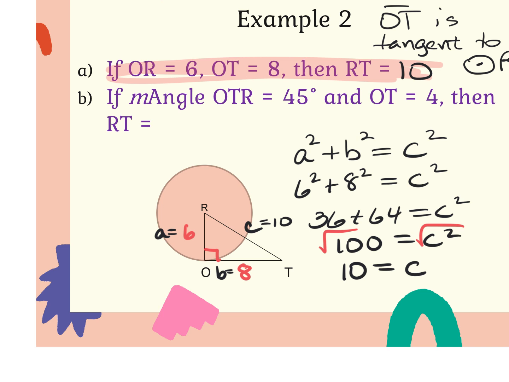Now, part B. The information that I just labeled in red is now changing, so I'm going to label it in blue. Everything that I wrote on this triangle in red doesn't apply now, or the 10. So I'm going to label angle OTR as 45 and side length OT as 4.